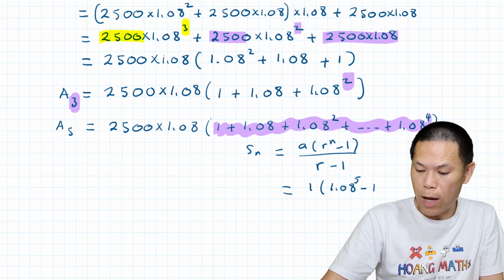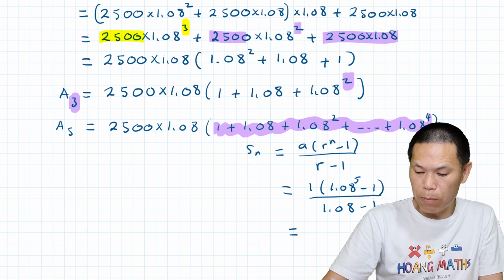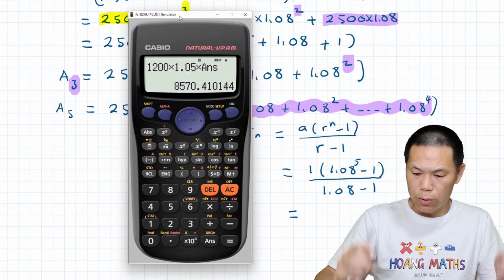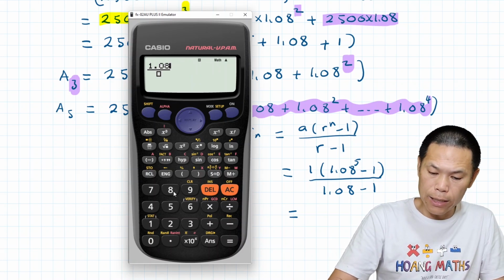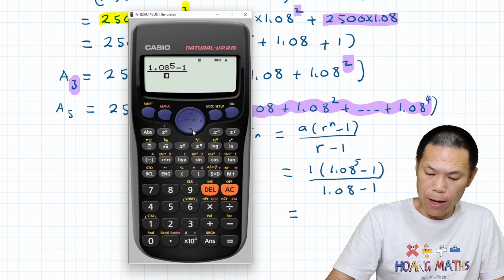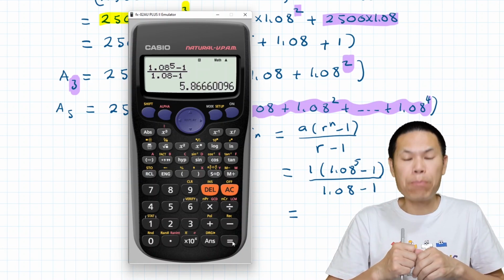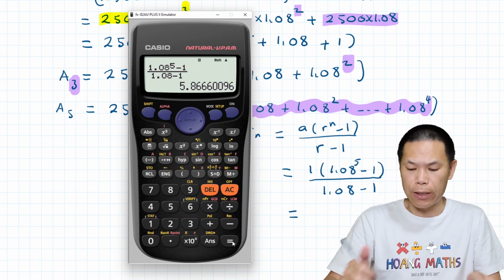And we minus 1 over 1.08 minus 1. So now I just put it down on a calculator. So I just go fractions, so I can ignore 1. So 1.08 power 5, and then minus 1, go down, 1.08, we minus 1. So there you go, 5.866 and so on. So let me just write down 5.87, okay?